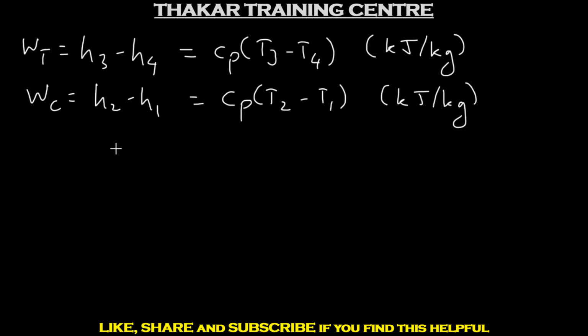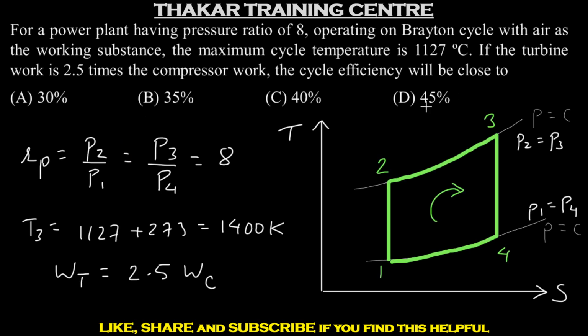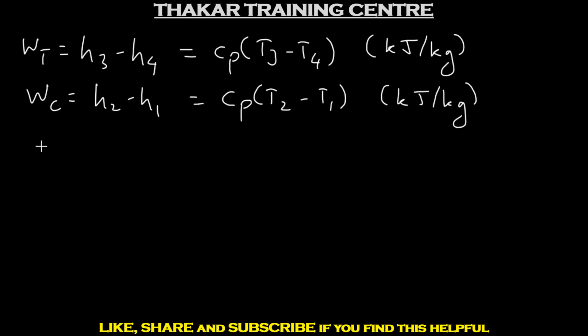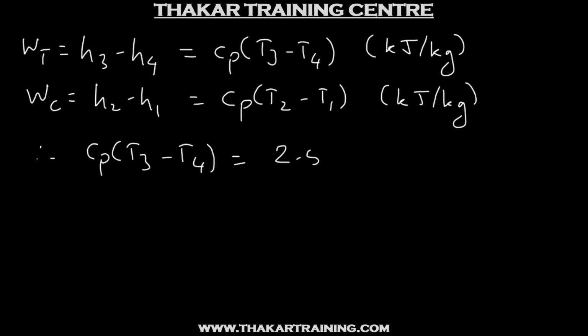Now the information that we have is Wt is 2.5 times Wc. So therefore we have Cp into T3 minus T4 is 2.5 times Cp into T2 minus T1. So Cp gets cancelled and we have T2 minus T1 is equal to T3 minus T4 divided by 2.5.